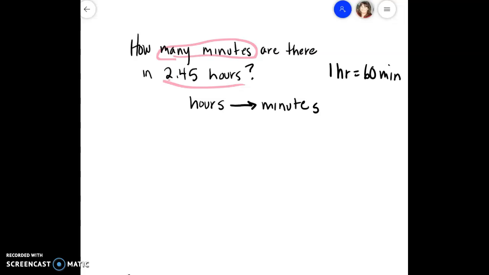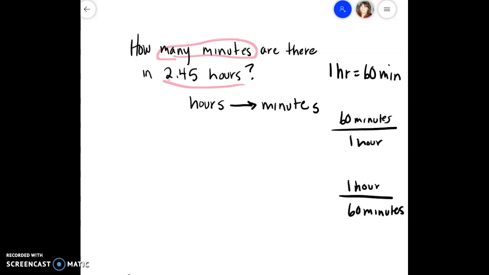Now, conversion factors can be written like this, or you can write it like this. These are equivalent to that conversion factor up above. Sometimes I need to use it in this form, sometimes I need to use it in this form.